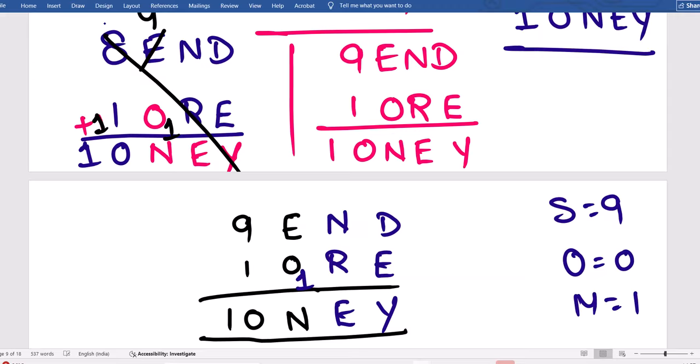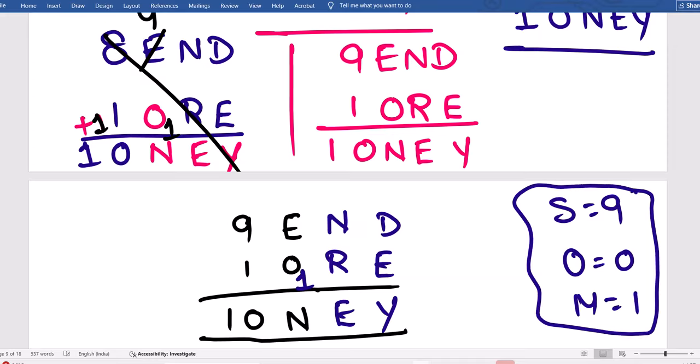I think only these three we fixed: 0, 1, 9. Now you have to think about N and E. If we know the E value, the rest can all be settled.